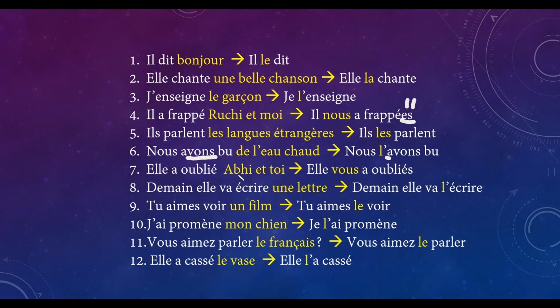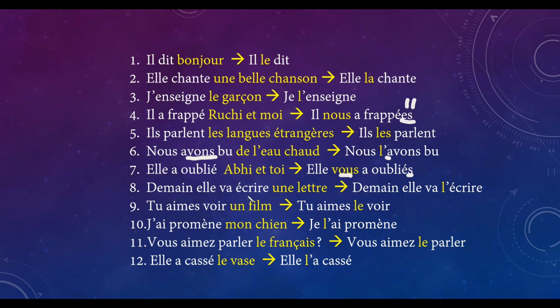Elle a oublié Abhi et toi. She has forgotten Abhi and you. So Abhi and you becomes vous. Elle vous a oublié. Notice the s since Abhi et toi becomes plural. She has forgotten you. You is plural here.